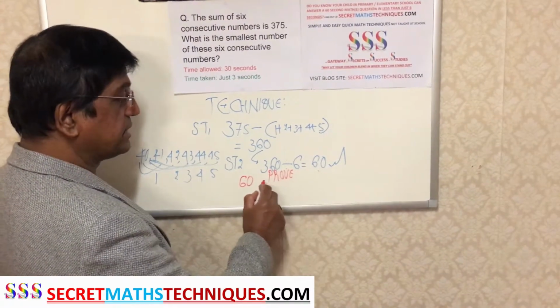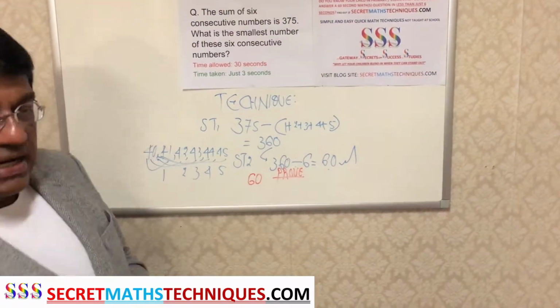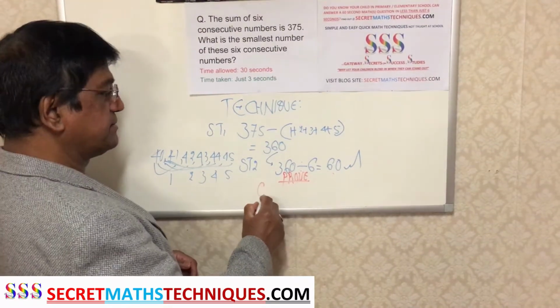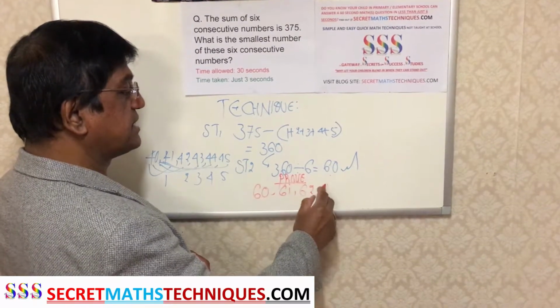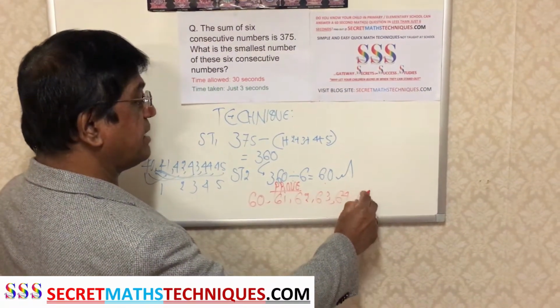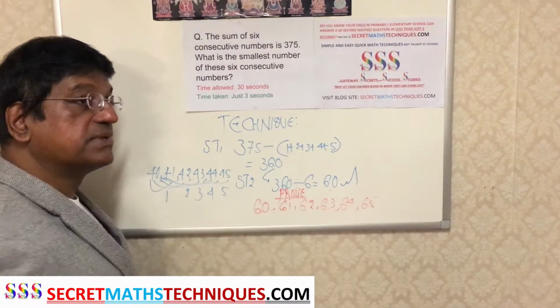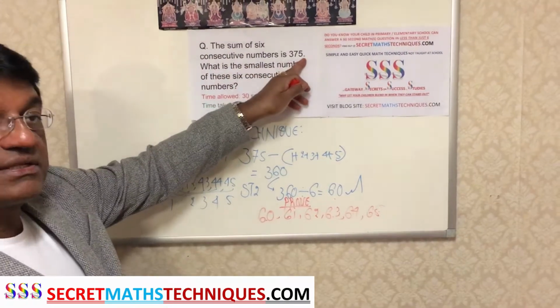I'm going to erase this and start it off with 60, 61, 62, 63, 64, 65. 1, 2, 3, 4, 5, 6 consecutive numbers. Those 6 numbers total 375.